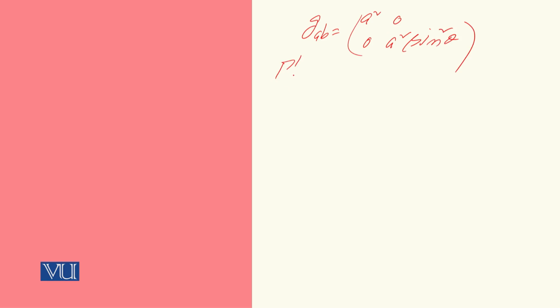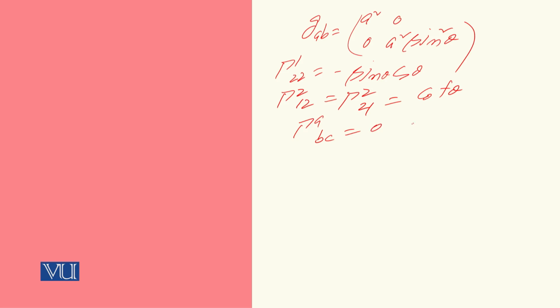Γ^1_22 is equal to minus sine theta cos theta. Γ^2_12 or Γ^2_21 is equal to cot theta, and the rest of the components are 0. This we already know.